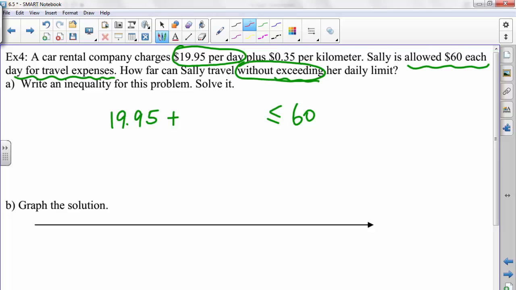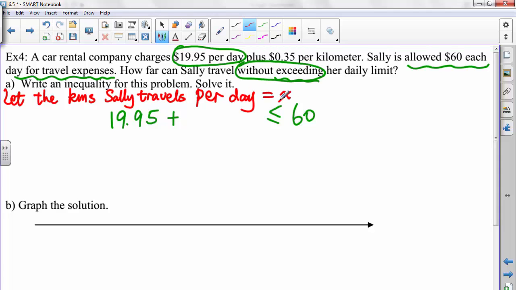So I will let the kilometers she travels, or we can say Sally travels per day, be X. So her variable cost will be 0.35X. So that's how I can build an inequality to model this real life problem.